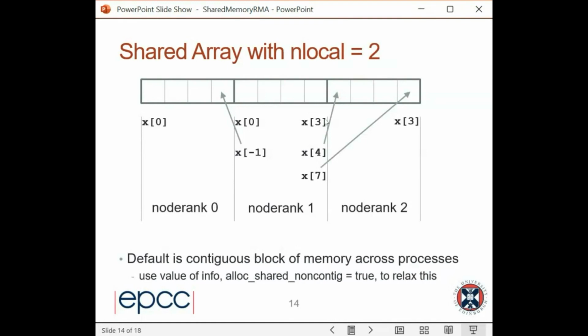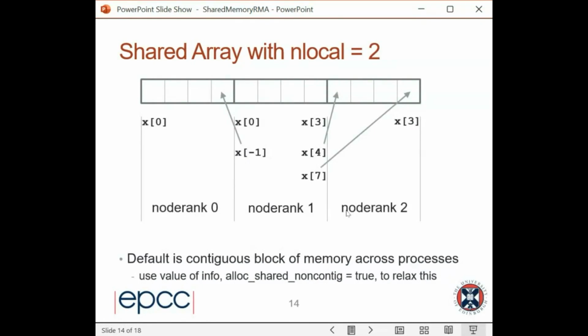When I do the halo swapping, I can either write my data into my neighbors or read my data from them. But the point is that here, x of 0 is that value, x of 1 is that value on your neighbor, x of 3 is that value, x of 4 is that value, x of 7 is that value. That x of 7 is this process's x of 3. So these pointers have just been messed about with.